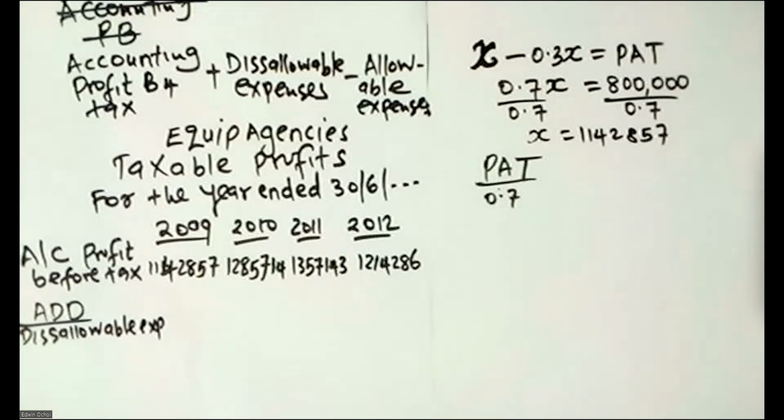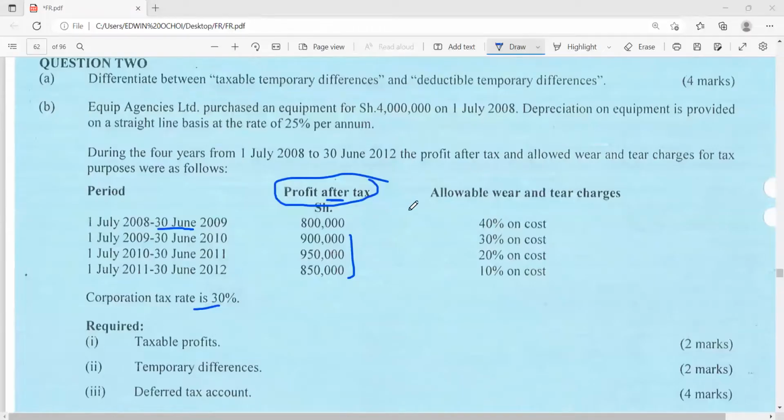These are just expenses which are not contributing directly to the generation of the business income. But for tax, that is where you will be told more about them. So here there was a depreciation on the asset at 25%, on 4 million.